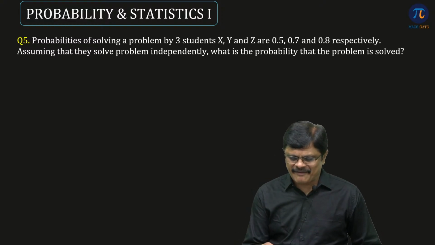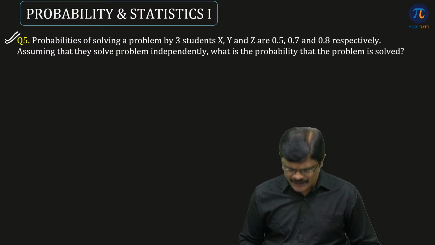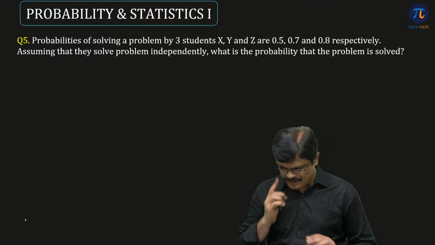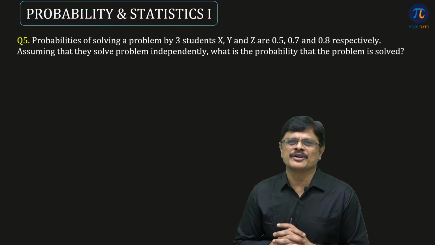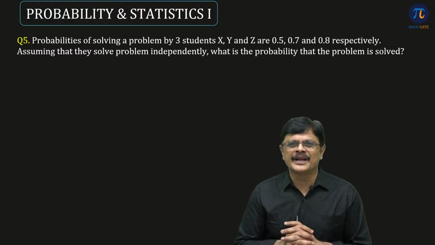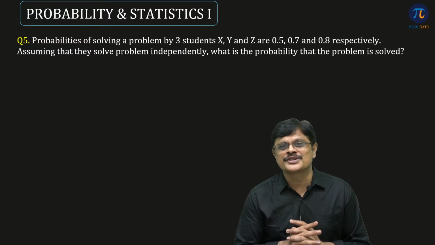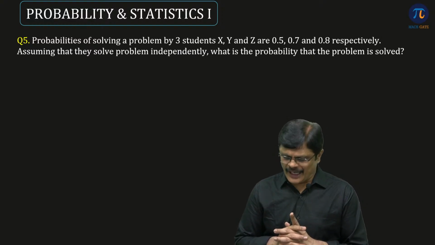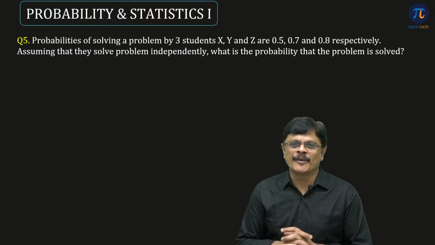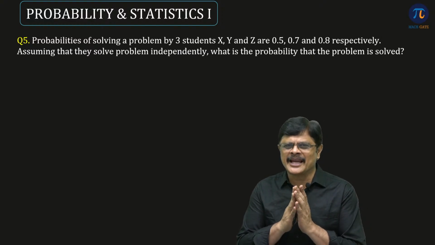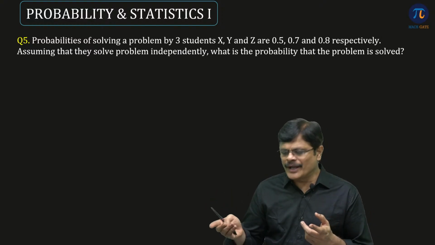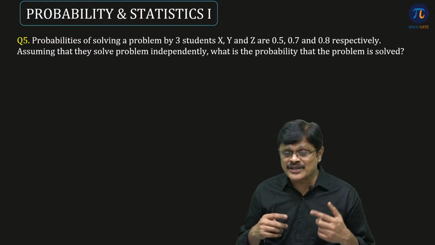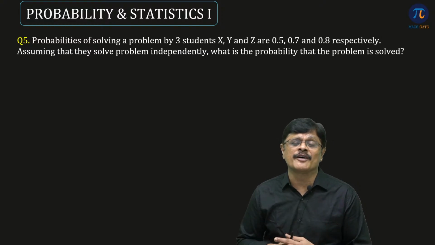Now, this is a very, very interesting and important question. I want people to understand this question because it is one of the very, very important questions. Actually it looks like a very innocent problem, but I'll be exploring this problem completely. Here only one question is asked, but I'll show you how many different types of questions they can ask you.